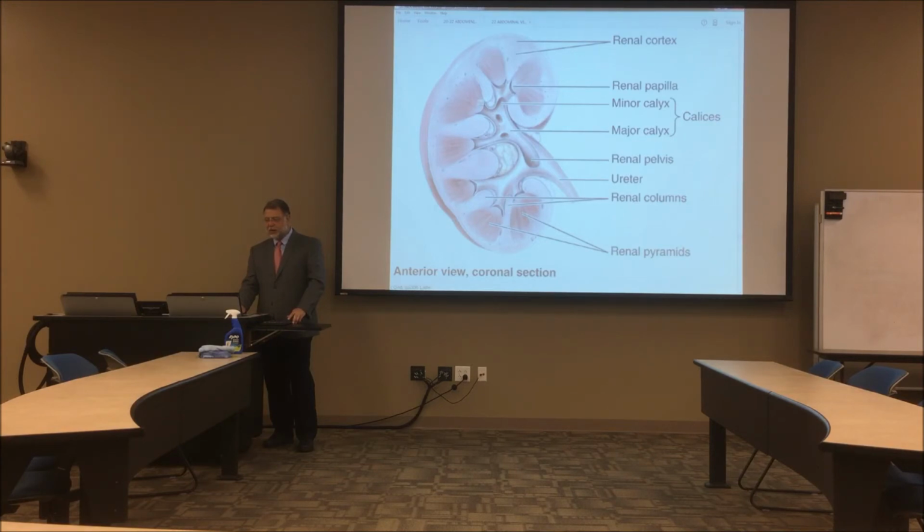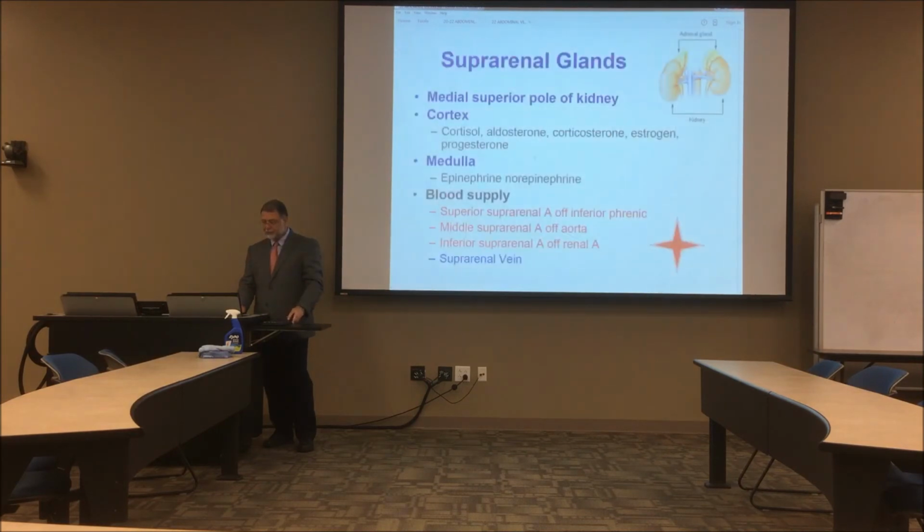The tubules are coming out, and then they finally drop those drops of urine into the minor calyces, forming into the major, from a minor to a major, and finally through the renal pelvis. It's not collected there, but it just goes through there, to the ureter, and finally to the bladder.